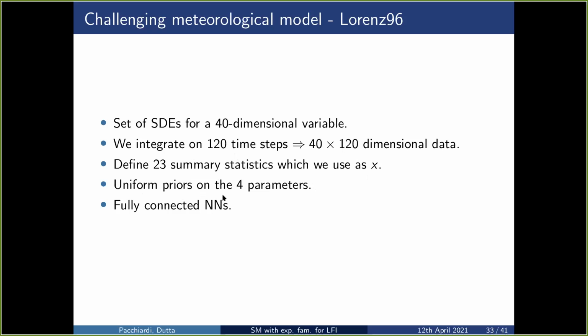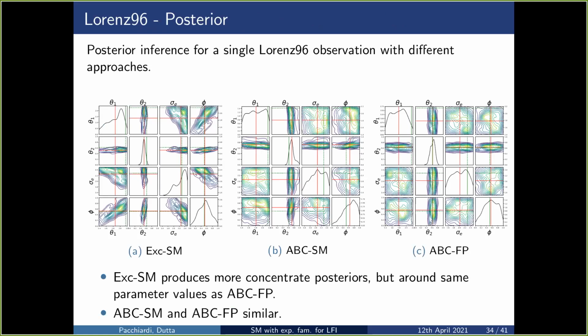uniform priors on all the 4 parameters, and fully connected neural networks are used to parameterize the F and eta. And this is the result we get, and the comparison we are doing in this case is with the ABC FP, which is a Fearnhead-Prangle method, but using a neural network, and comparing with the Exchange-SM and ABC-SM.